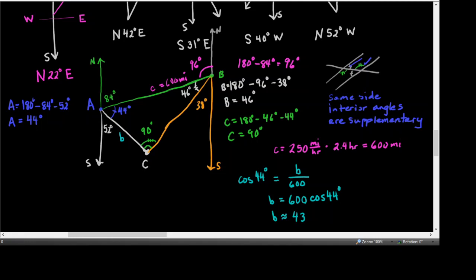And again, I think they're using significant digits. And the 52, the 84, the 2.4, all of those were 2 significant digits. So I'm going to round this to 430 with 2 significant digits. And the units are in miles. Okay, so that's that one.